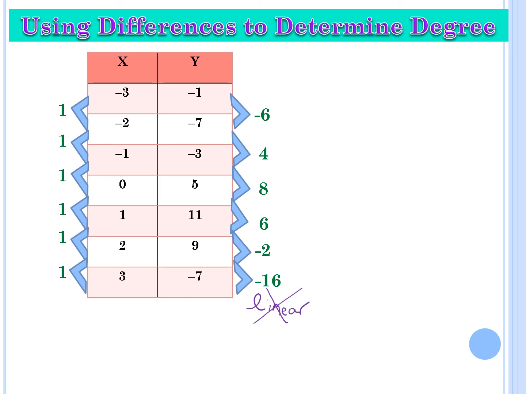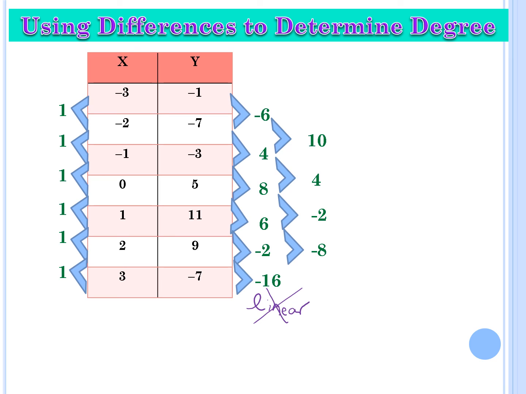So now let's go and look at the second level differences. -6 to 4, that is an increase of 10. 4 to 8 is an increase of 4. 8 to 6 is a decrease of 2. 6 to -2 is a decrease of 8.